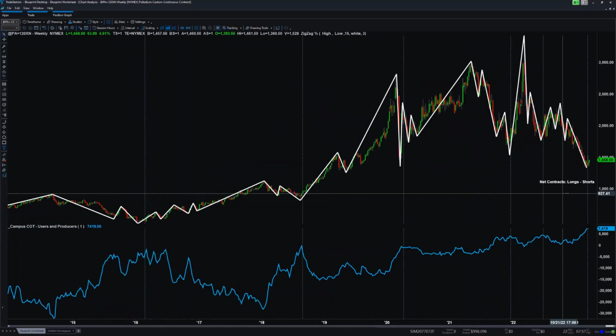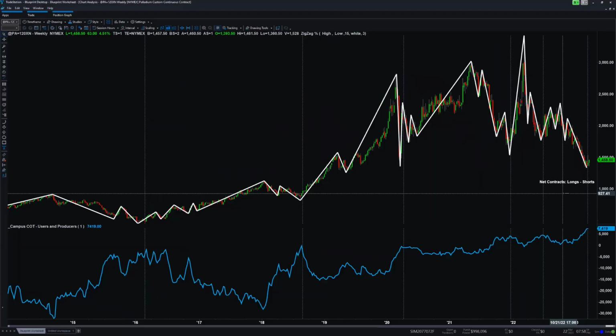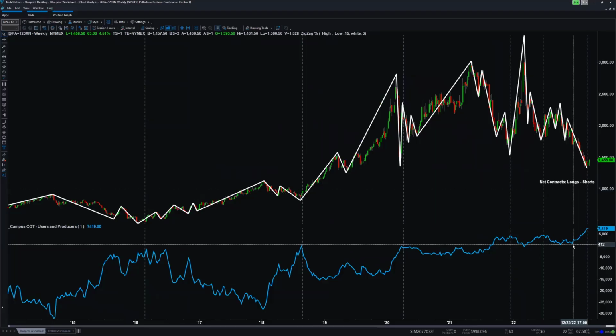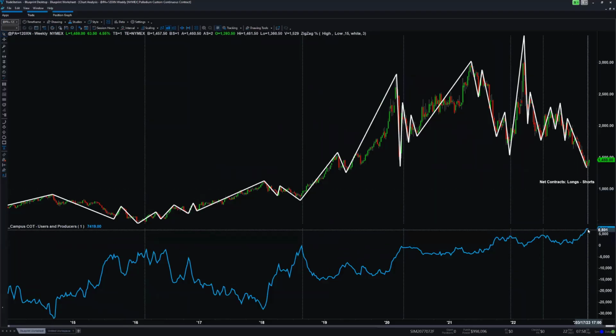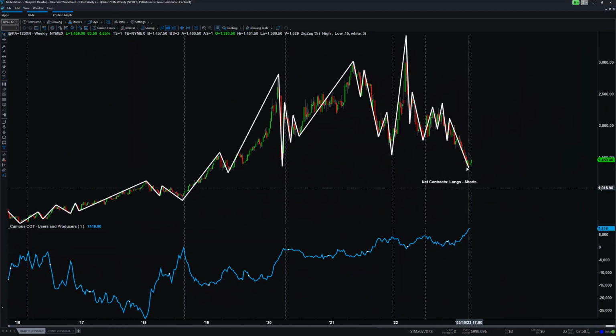But again, the commercials have no interest in speculation. They have no interest in manipulating the markets, right? Because if it was about manipulation for them and they're buying as much, then a long time ago price should already have rallied. But the fact is that they're accumulating because the price is so low, right?